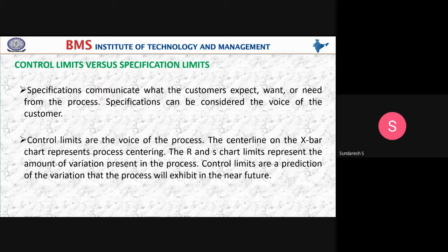Take a simple example: one machine, a special purpose machine, or a milling machine, a lathe, or a drilling machine. When they want to do the process capability study, they will take a set of components produced from that particular machine, maybe 50 to 100 components, and they will start plotting the graph.